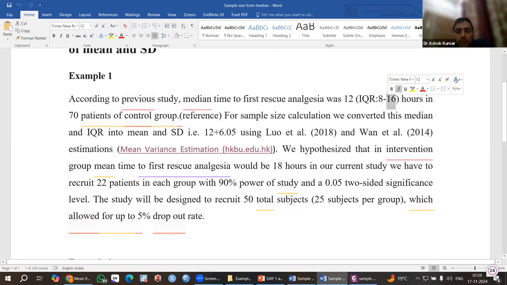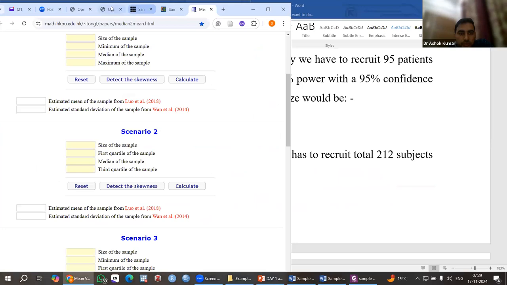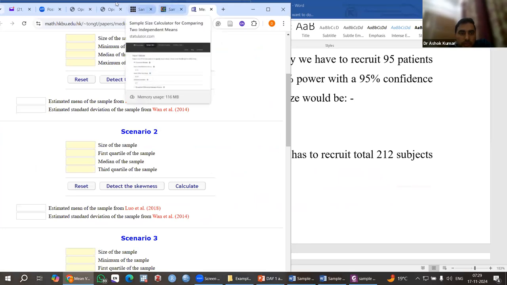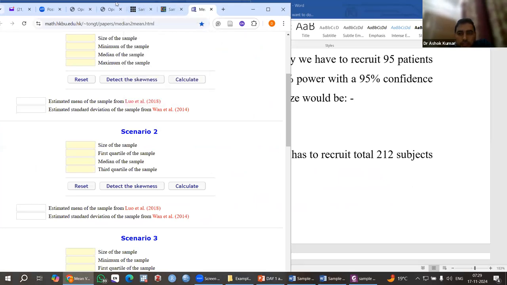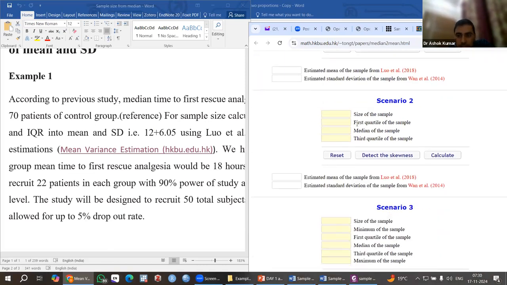So what we have to do is enter data here. Which scenario will fit for this? Scenario one? No, we don't have minimum or maximum. But we have sample size, first quartile, median, and third quartile.